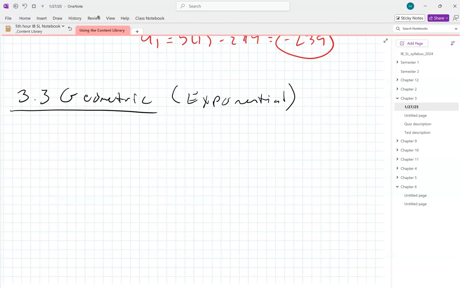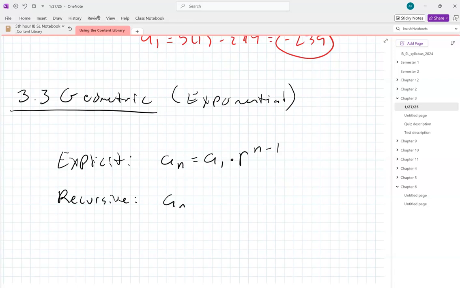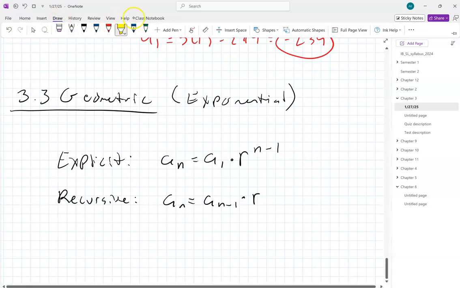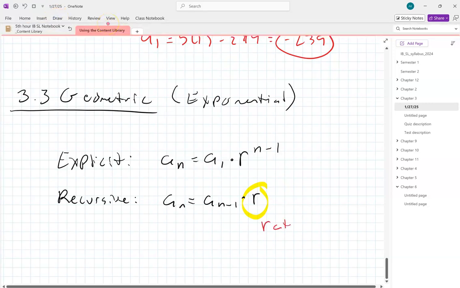So our explicit formula here and our recursive formula, and this r is called the constant ratio.